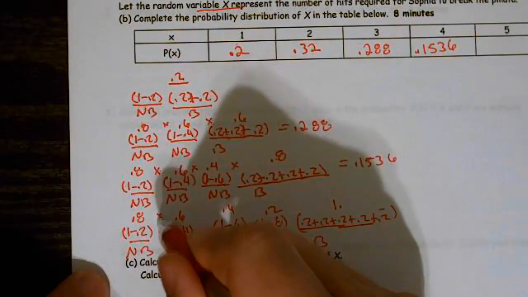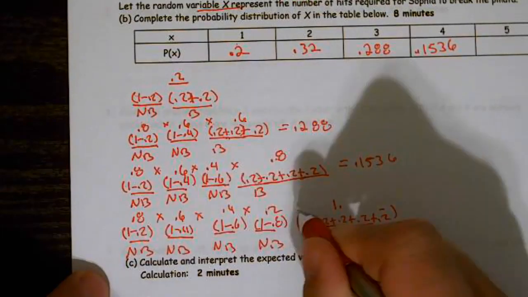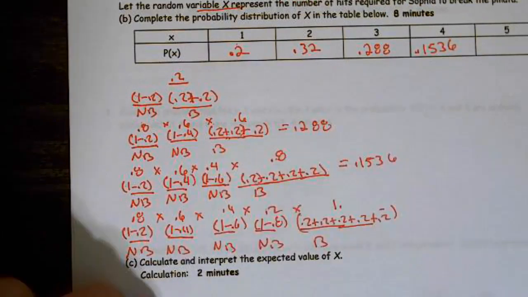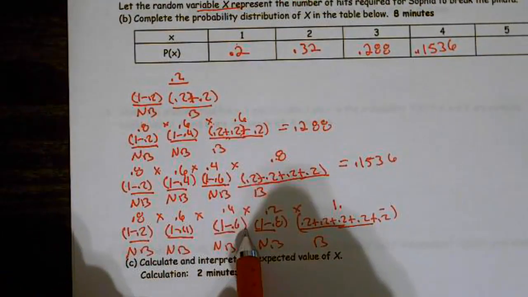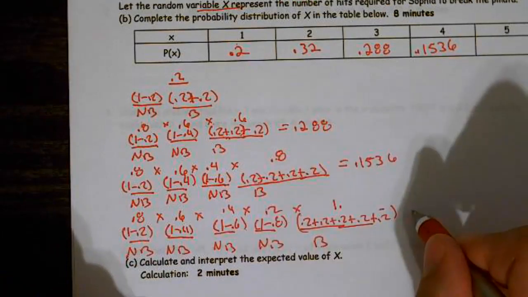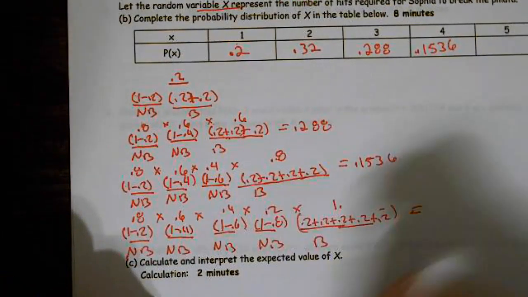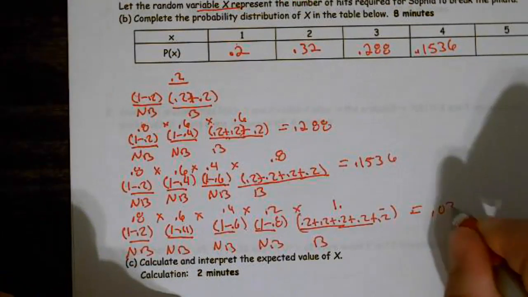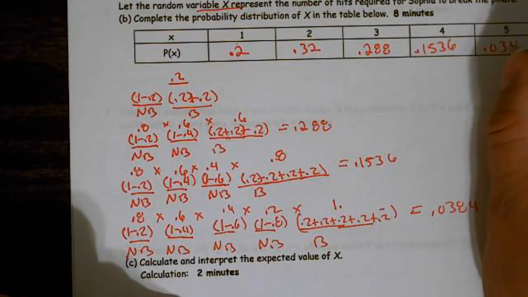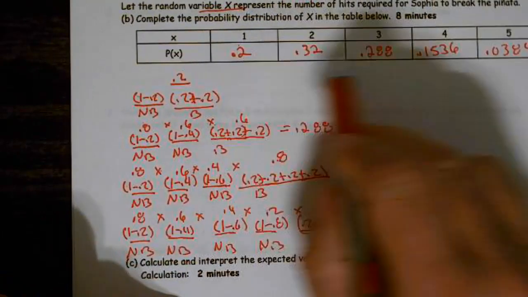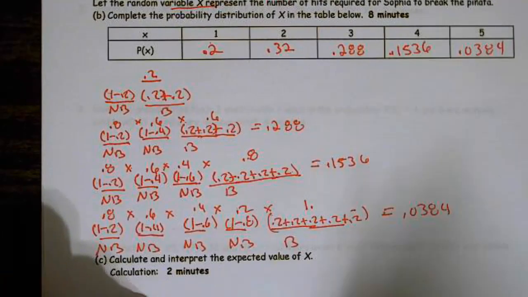So once again, multiply all those together, 0.8 times 0.6 times 0.4 times 0.2 times 1, and that equals 0.0384. And if I sum all of these together, they sum to 1 whole.